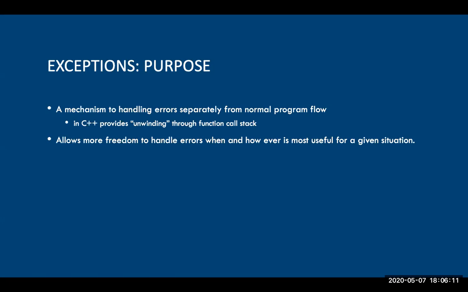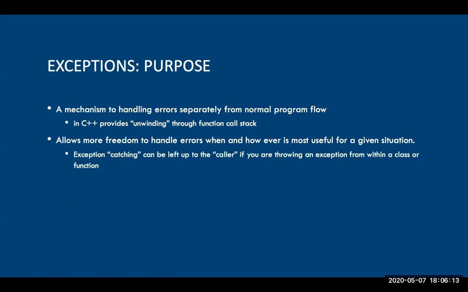And so as we'll see, we can put the exception handling part separately away from the typical stuff that happens most of the time. And that handling part is called the catching, as we'll see. We can throw or raise an exception and then catch it later and deal with it somewhere else in the code, okay? So this analogy of throwing and catching is actually a pretty good one.